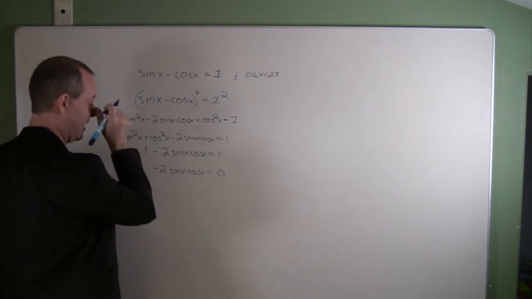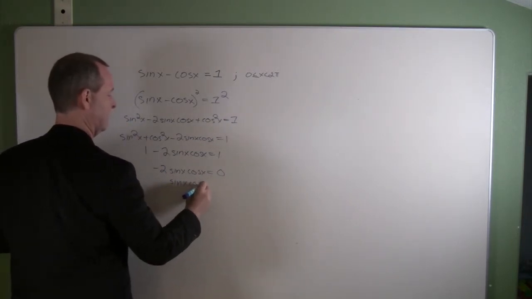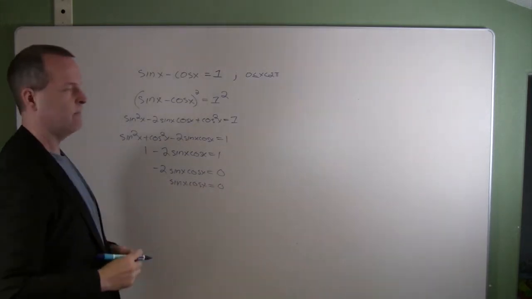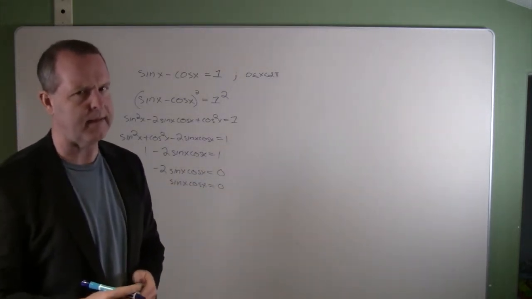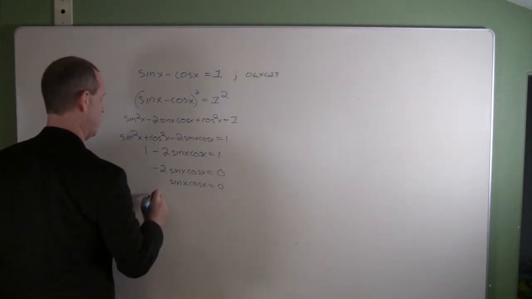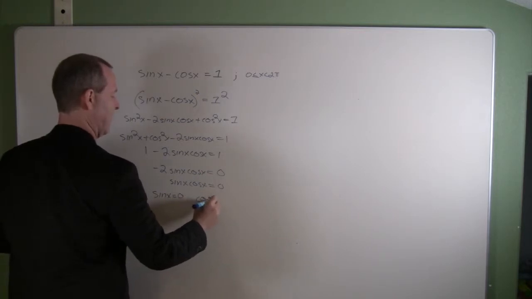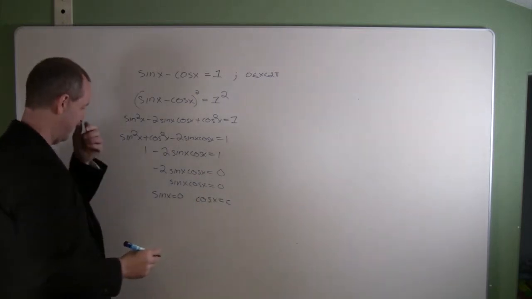Let's divide both sides by a negative 2. All right, maybe that looks a little better. We know this is true when sine of x equals 0 or when cosine of x equals 0.